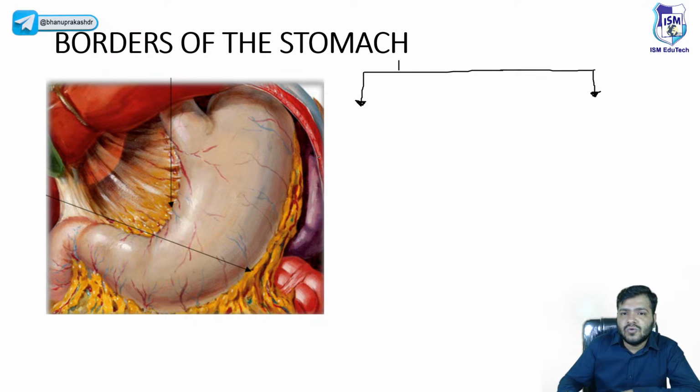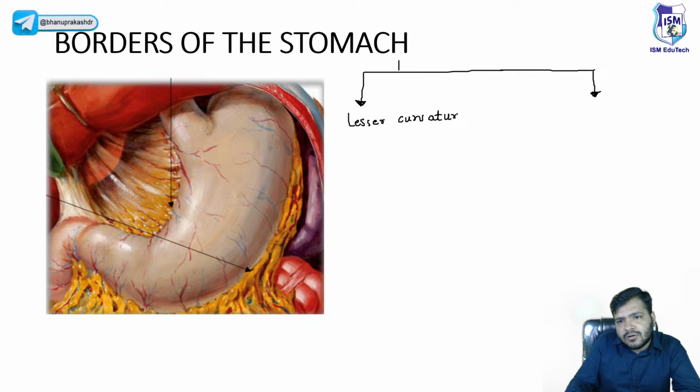You already know we have the lesser curvature. If you see this lesser curvature, beta, it is concave, it is forming a cave. That's why it is also called the right concave border. This is the right side and this is the left side.